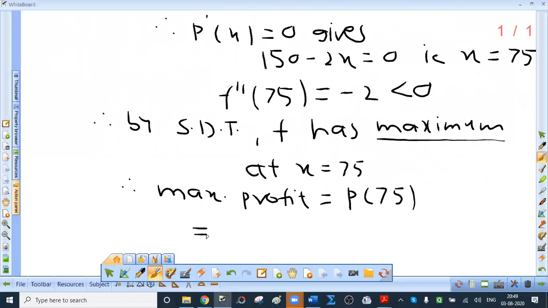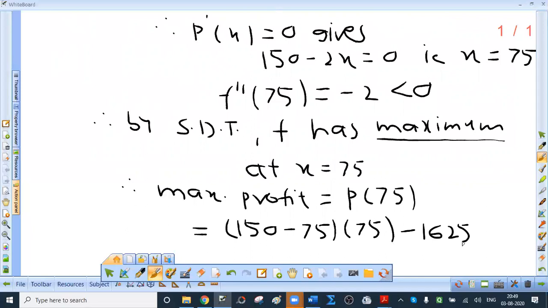So that is 150 minus 75 into 75 minus 1625.